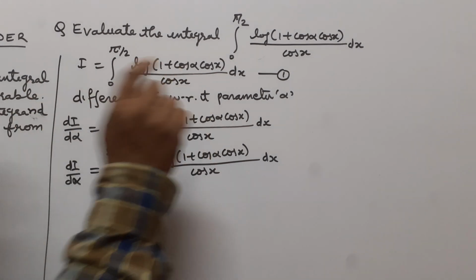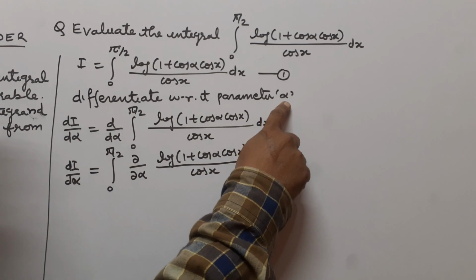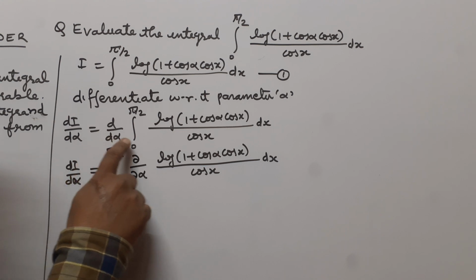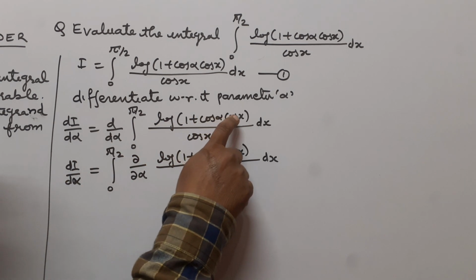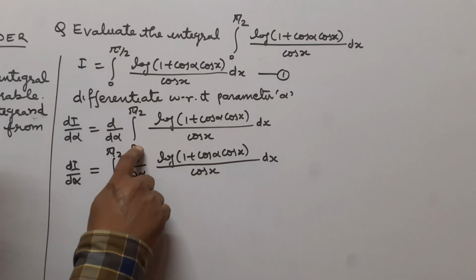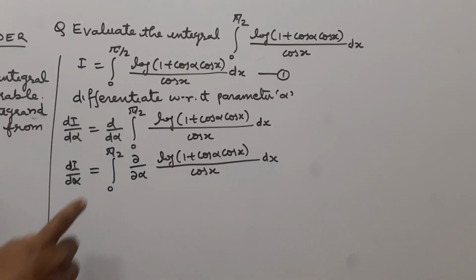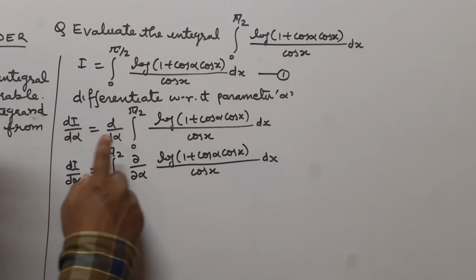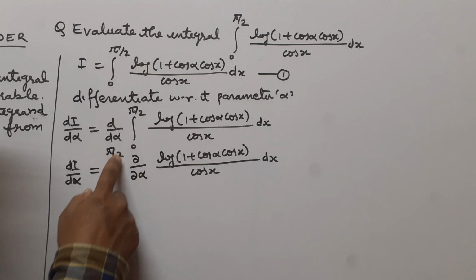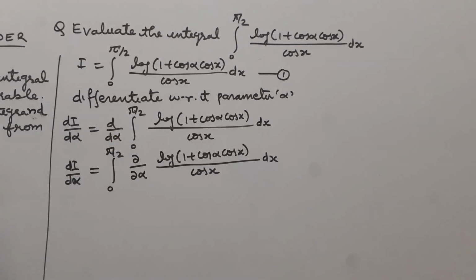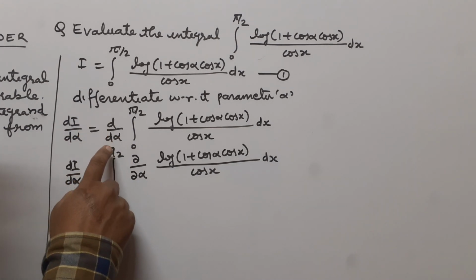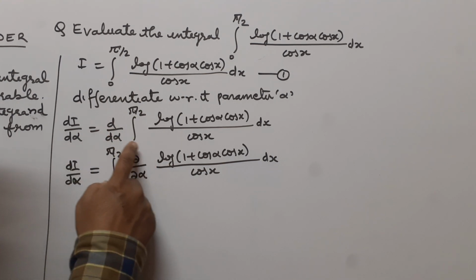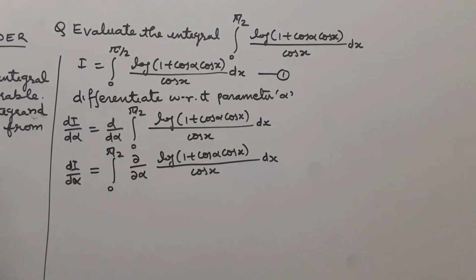So here we differentiate first with respect to the parameter alpha. So dI by d alpha is equal to d by d alpha of the integration of log of 1 plus cos alpha cos x, divided by cos x, between the limits 0 to pi by 2. We know that when d by d alpha goes inside the integral sign, it converts into partial differentiation, that is, del by del alpha.